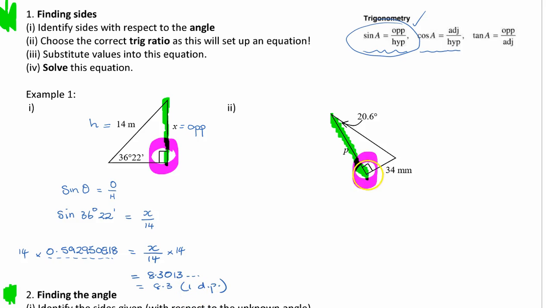In the next example, I'll show you a slight variation at this stage. But for the beginning, we'll follow these same steps. So these steps won't change. The only change will be in the algebra.